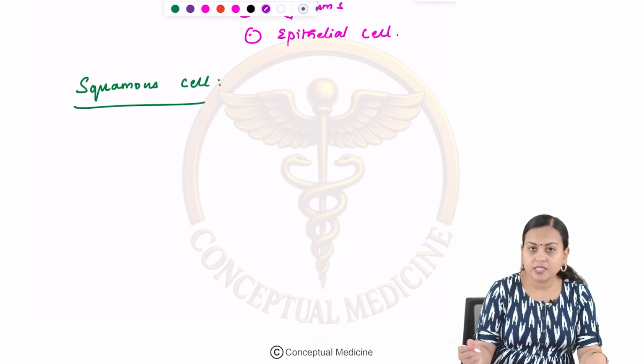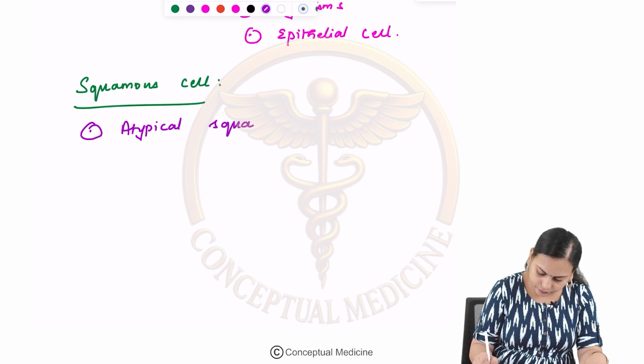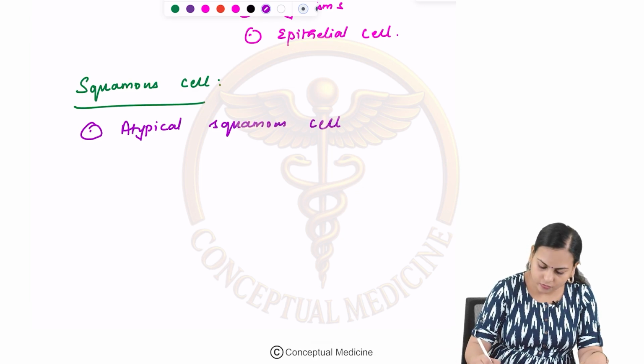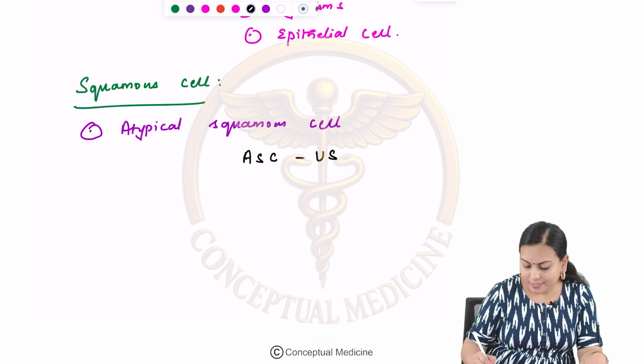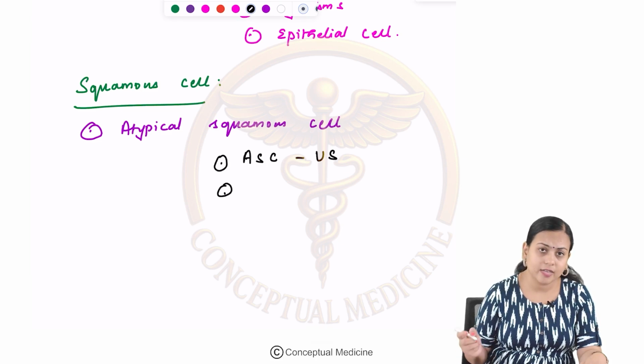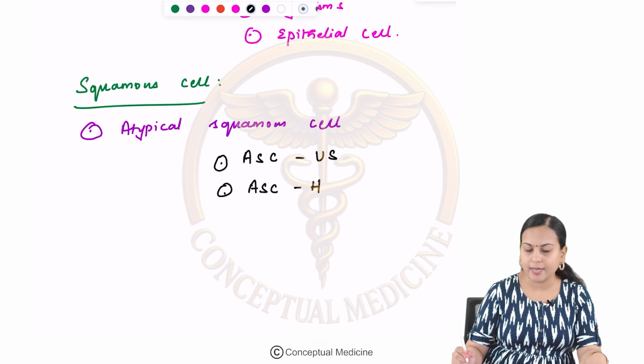Okay. Squamous cell changes can be defined as an atypical squamous cell. Okay. And this can be further classified into atypical squamous cell of undetermined significance, and one where you cannot exclude HSIL, that is high grade squamous intraepithelial lesion, which you will be writing as ASC-H.